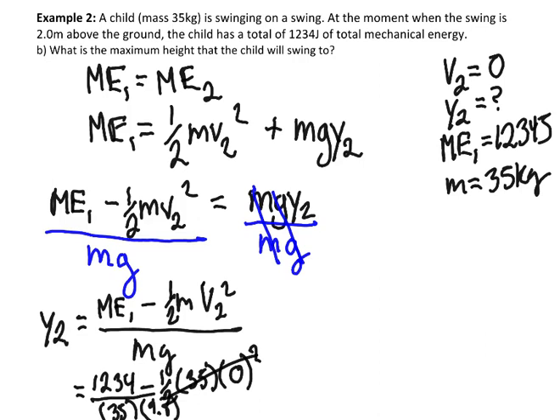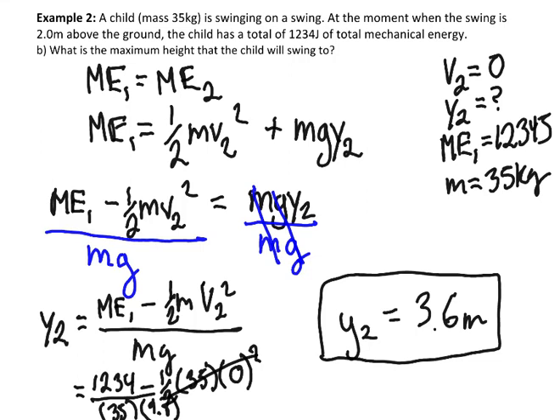So toss that into your calculator. So 1,234 minus 0, so that you don't have to write that in, divide by your mass, 35 times 9.8. And that gives me a y2 of 3.6 meters above the ground. So that's the highest height that the child reaches on this swing.